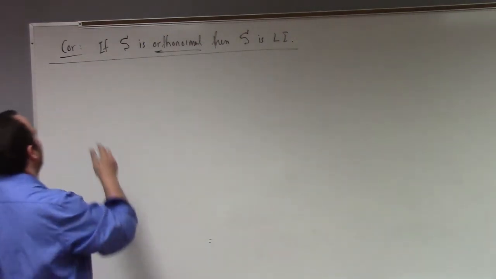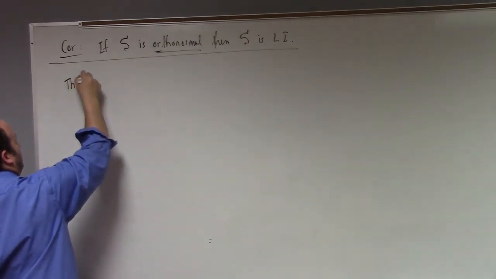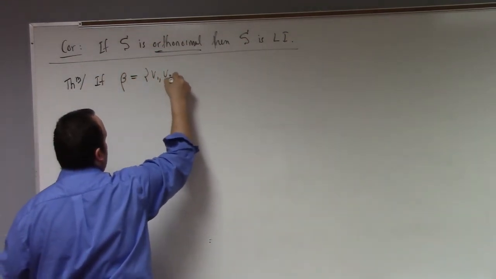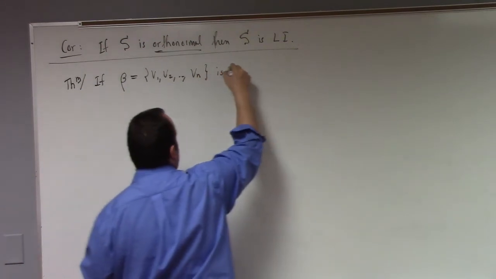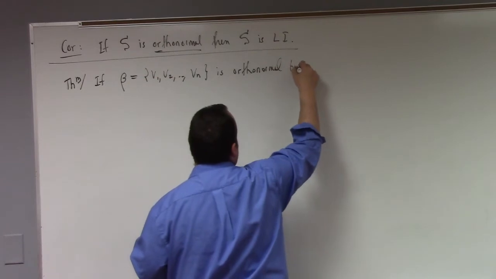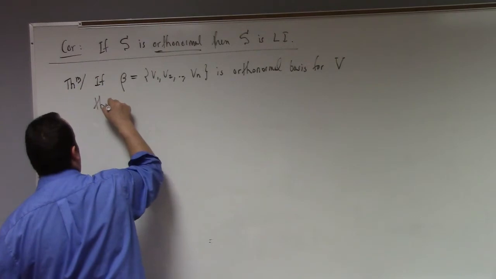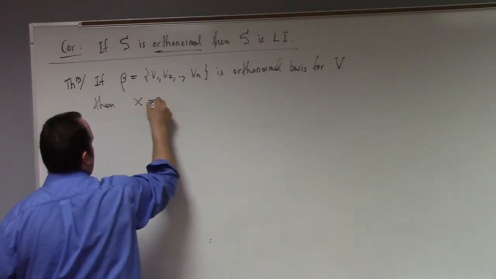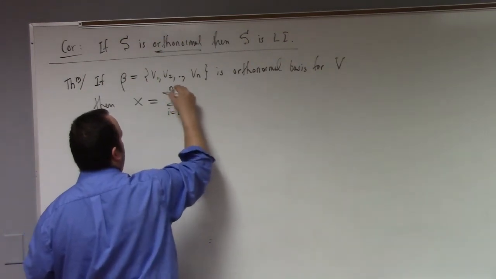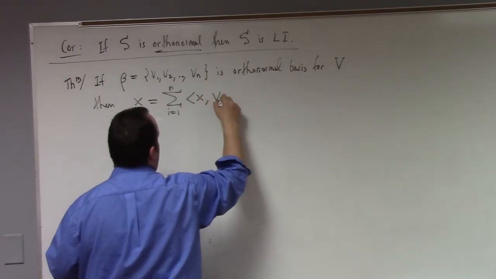Okay, so another theorem I can share with you. If beta, V1, V2, through Vn, is an orthonormal basis for vector space V, then x is equal to the sum, i equals 1 to n, of the inner product of x with Vi times Vi.